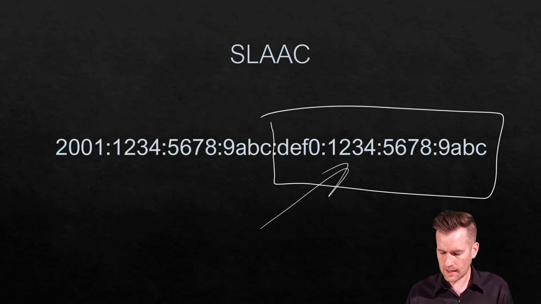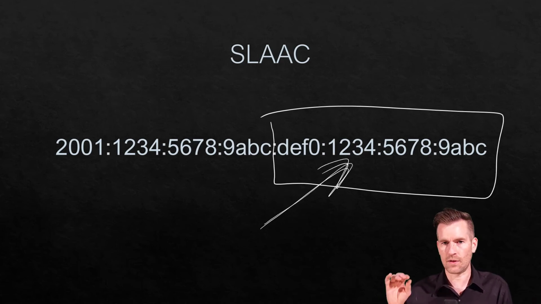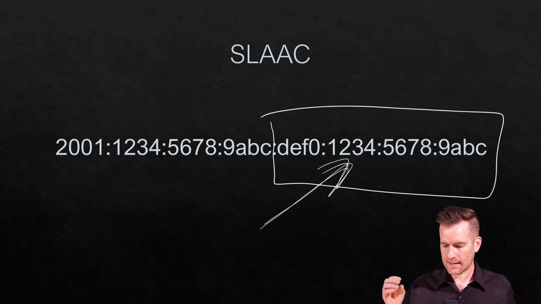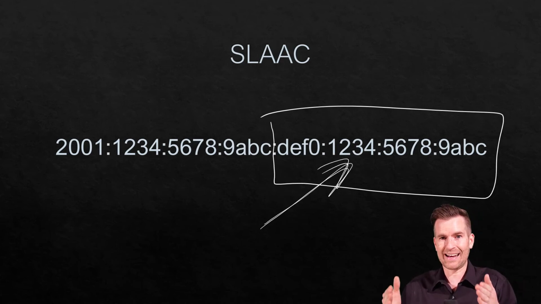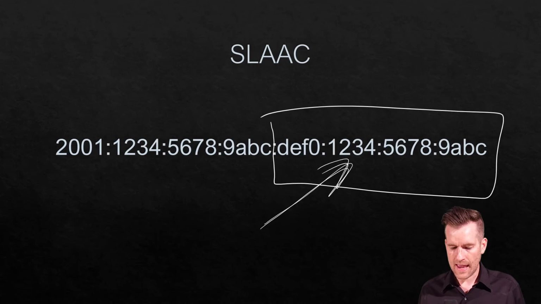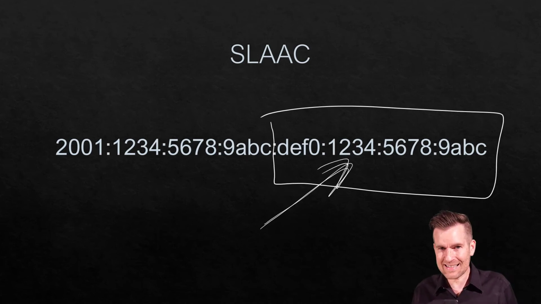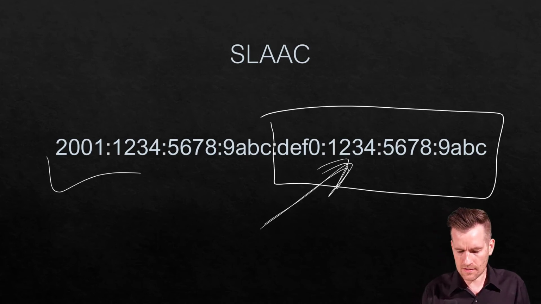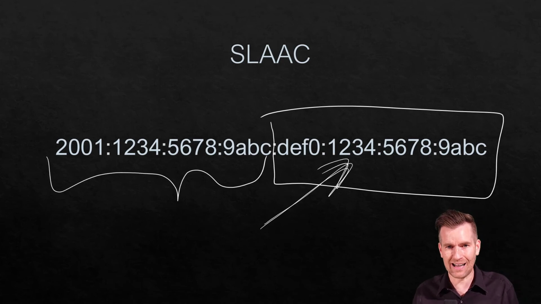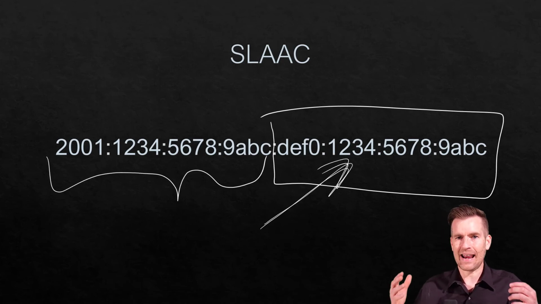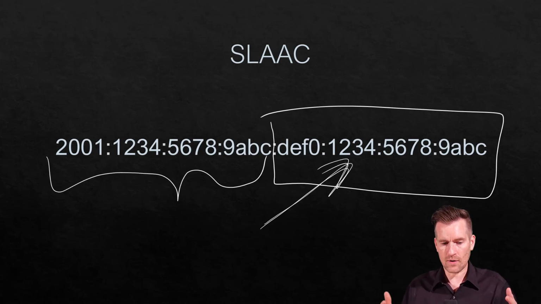And so this right here gets generated somehow, either randomly or through the EUI-64, and it's unique to the network. No other machine on the network has that address. And so then all it needs to function is it just needs to know what network it's on, and then it's got a globally unique address.